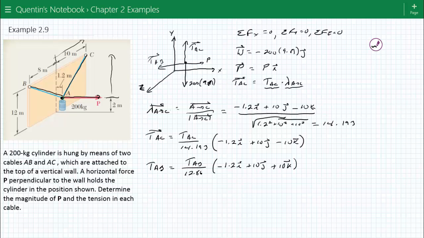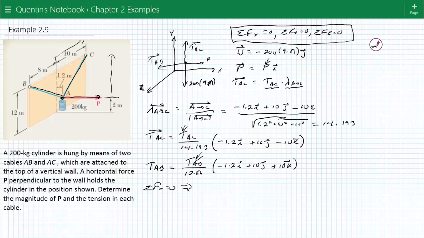Okay, so now we have everything nicely and clearly defined. So let's come back to here. We want to take the sum of the forces in X, Y, and Z and set them equal to 0. That's how you solve the whole thing, because you're going to have three equations. And what are our three unknowns? We don't know P, we don't know TAC, and we don't know TAB. So let's look at the sum of the forces in X equals 0.